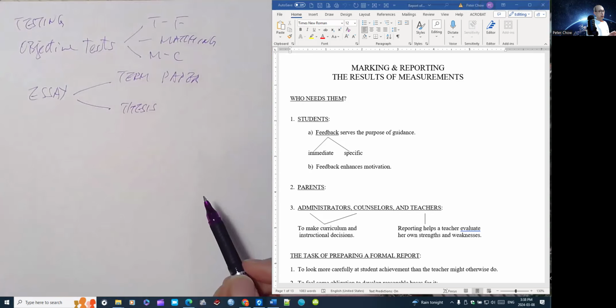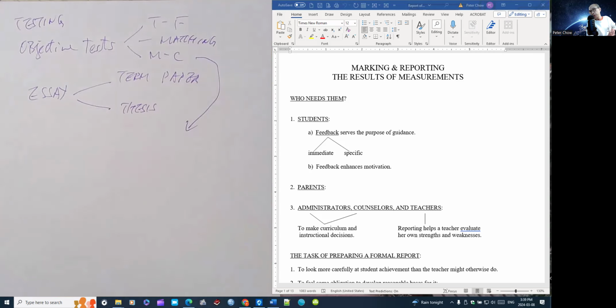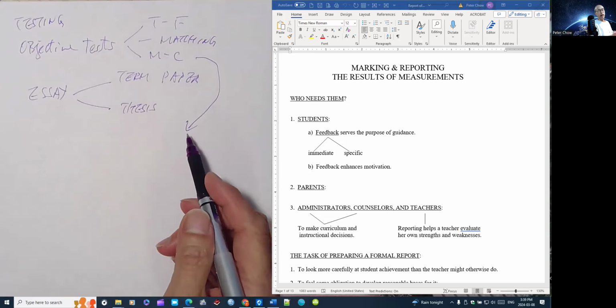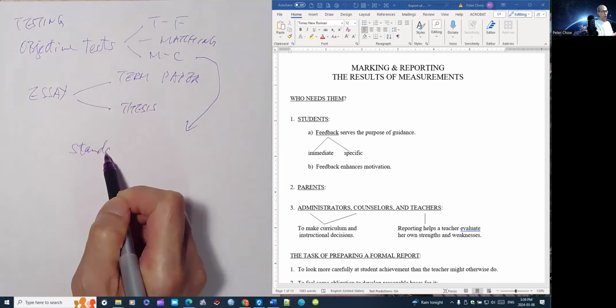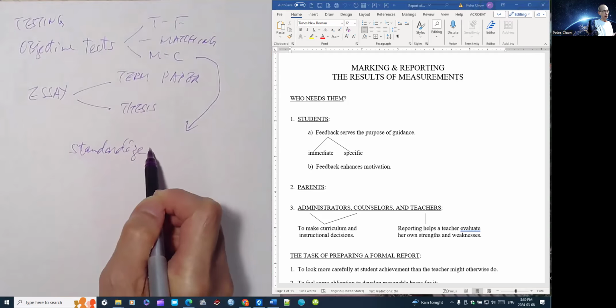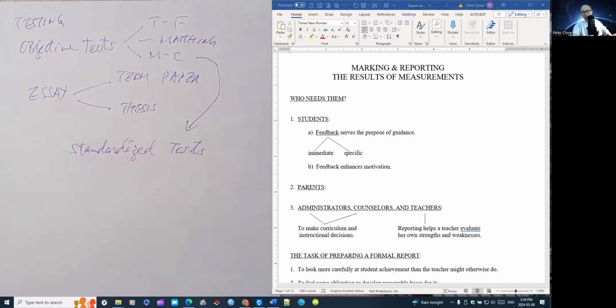But then what? Mind you, multiple choice type of tests have been used mostly in standardized tests.